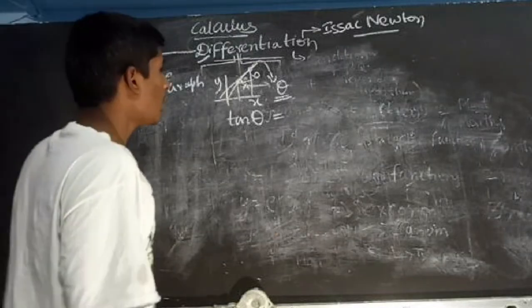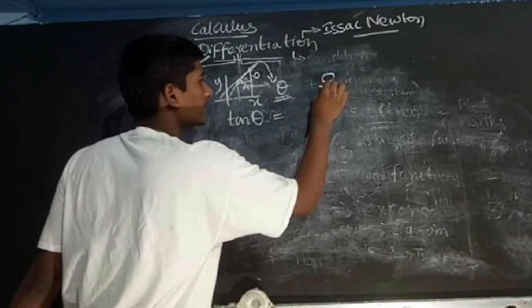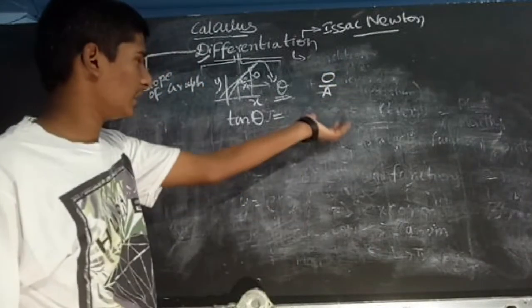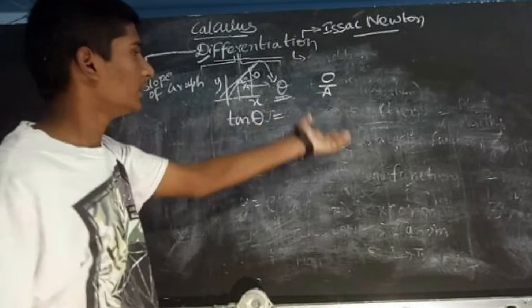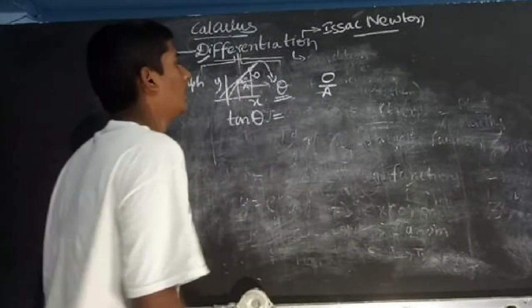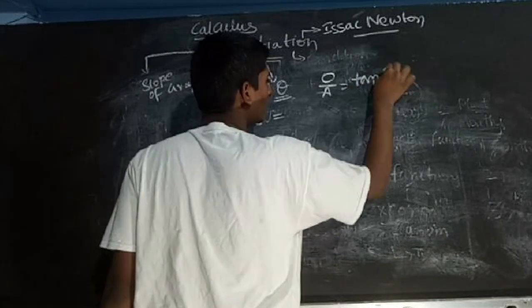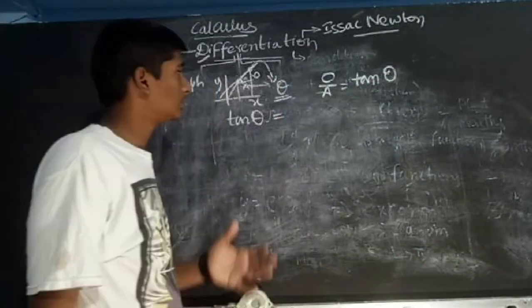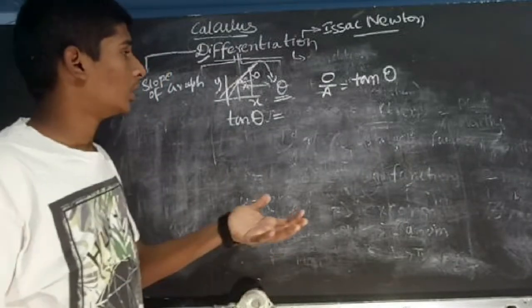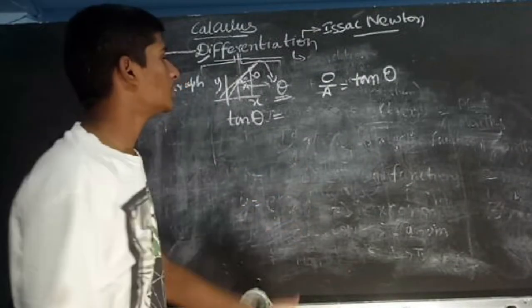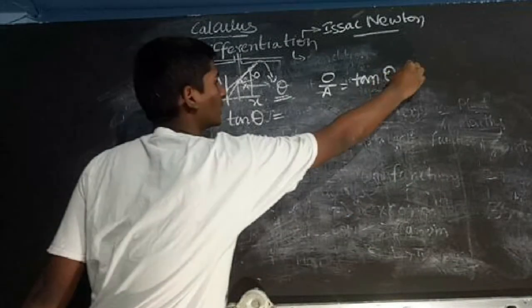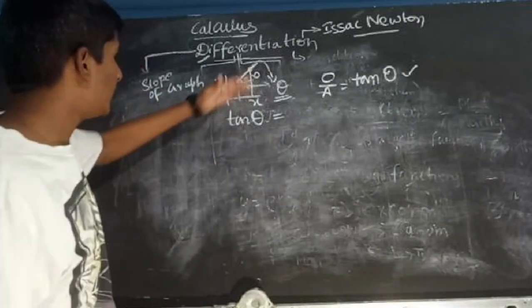Here O by A, in trigonometry in the maths chapter, we know is called tan theta. So the slope is also called tan theta, meaning here we are finding the slope.